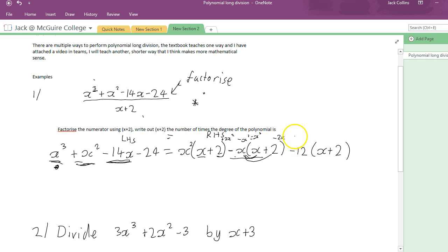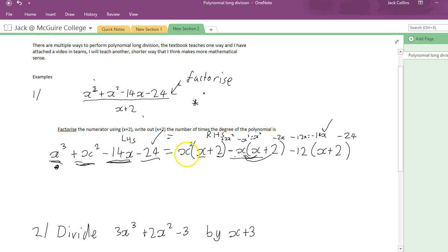So minus 2x minus 12x gives us minus 14x, which is what we want. Then the last bracket here would be negative 12x plus 2 gives us minus 24. Looking across here, minus 24 is what we want to end up with, so that works out perfectly.